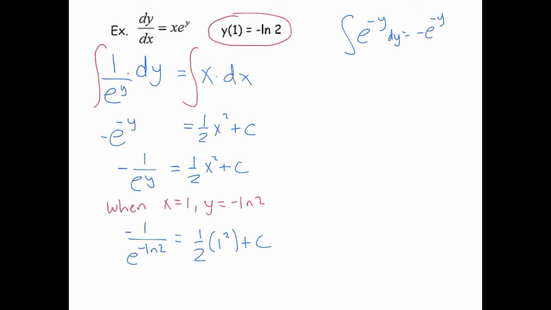Now on the left side, e to the negative ln of 2, I'll give you some scrap work here. e to the negative ln of 2 is the same as e to the ln of 2 to the negative 1, by property of logs. So that just equals 2 to the negative 1, or 1/2. So this denominator here just becomes 1/2.